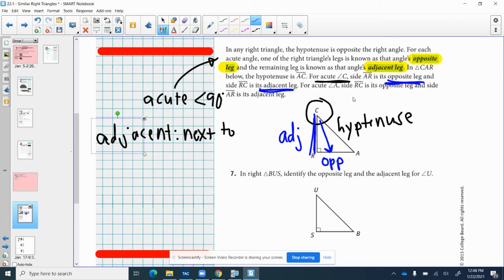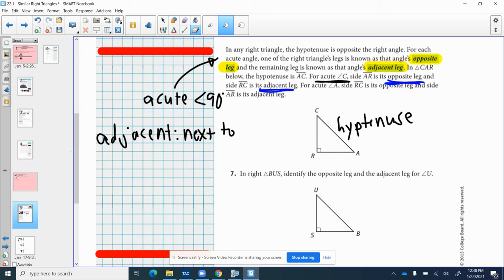Now that would flip-flop for angle A, if we flip this around. So imagine now instead of talking about angle C, we're talking about angle A. Now the hypotenuse is still going to be the hypotenuse, right? Oops, I forgot an O in hypotenuse. The hypotenuse is still the hypotenuse. It's still across the right angle no matter what.